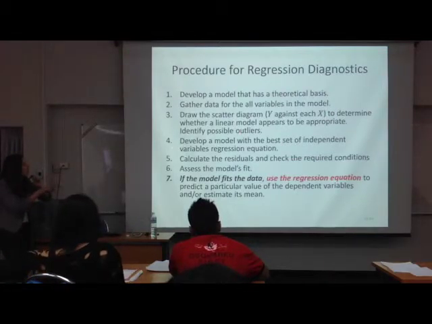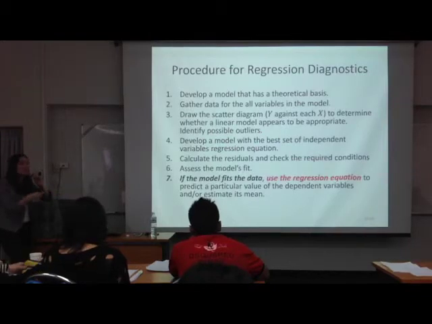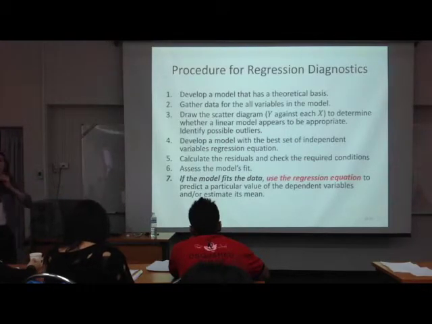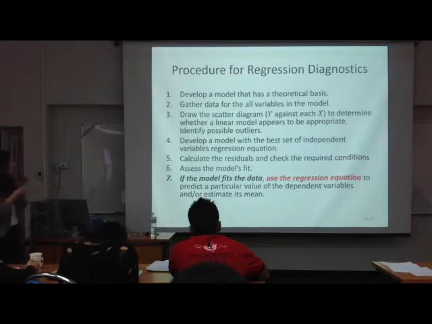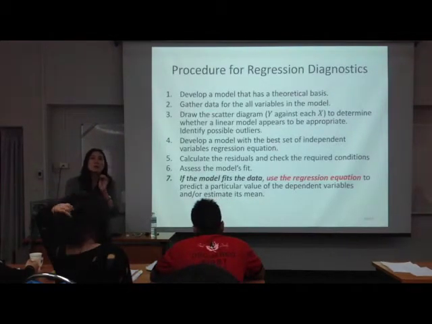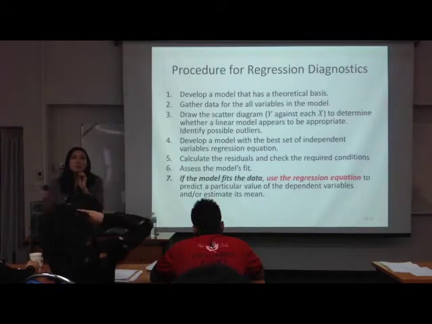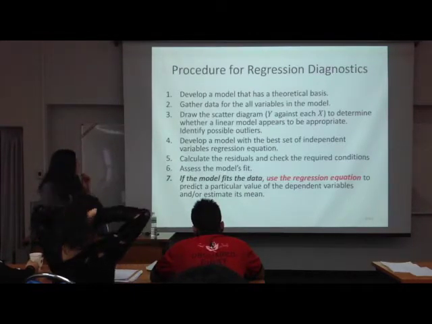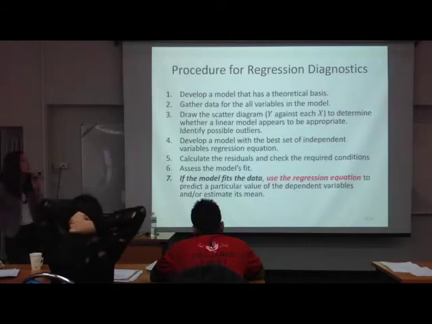And also in step 4, when you develop a model, your initial model might not be the best one, right? You may try to include or exclude variables and refit the model to get the best set of independent variables.